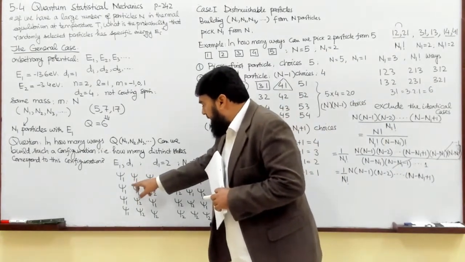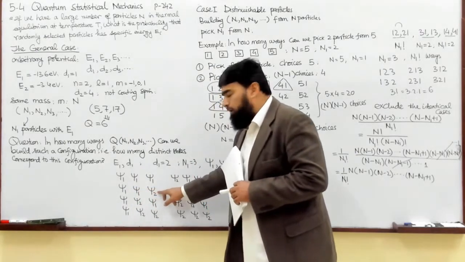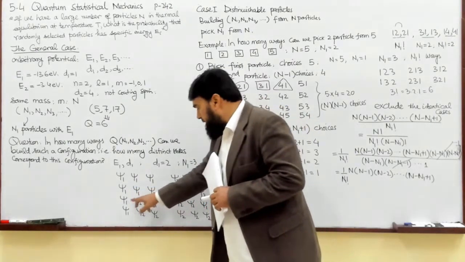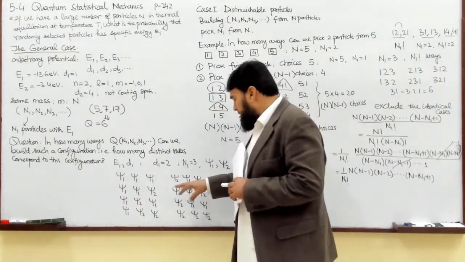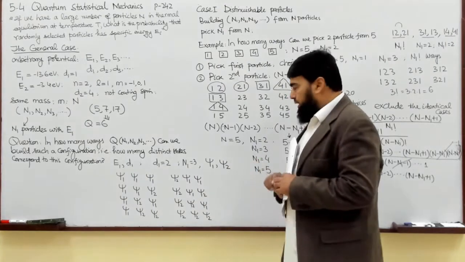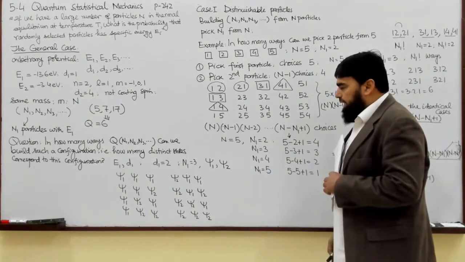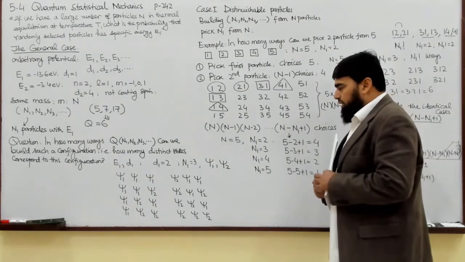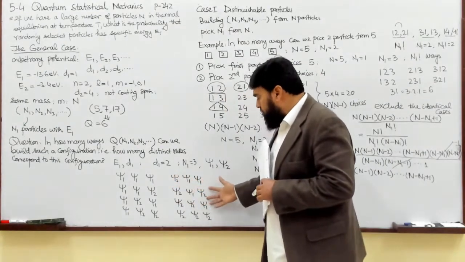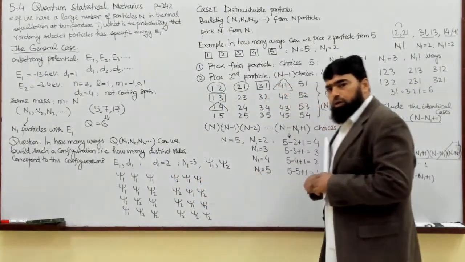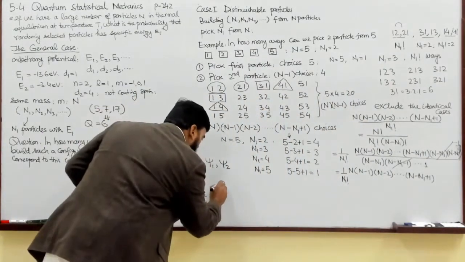Now I can do this one as well, that I put the 2 particles in psi 1 and 1 particle in psi 2, or psi 1 and psi 2 and psi 1, and so on. So, how many different ways that I can put them? Now I can calculate the number of ways, 4 here and 4 here. So the total number of ways is actually equal to 8.